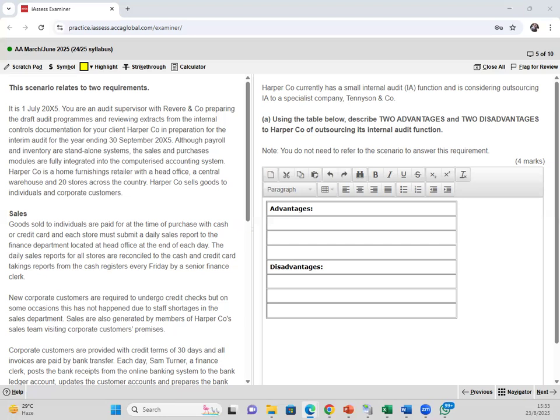We cannot sustain ourselves. We lose control over the internal audit function.